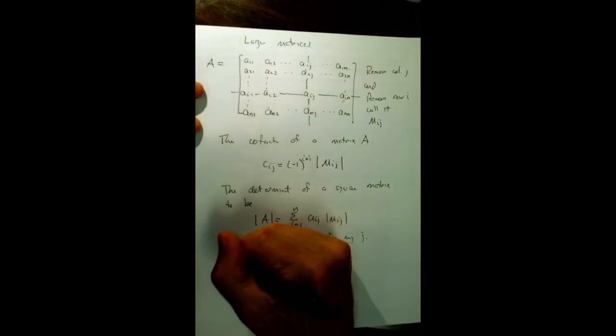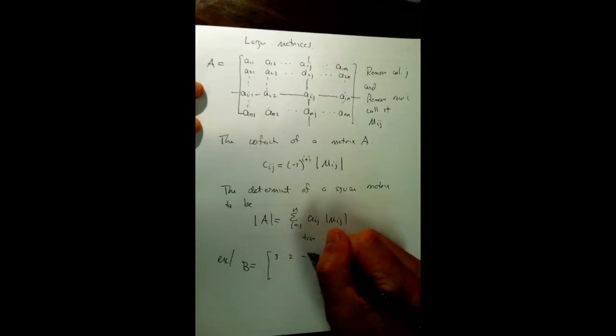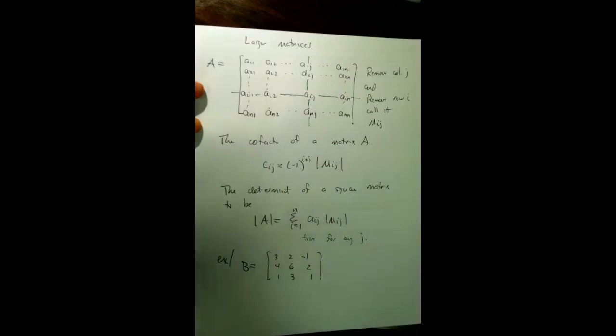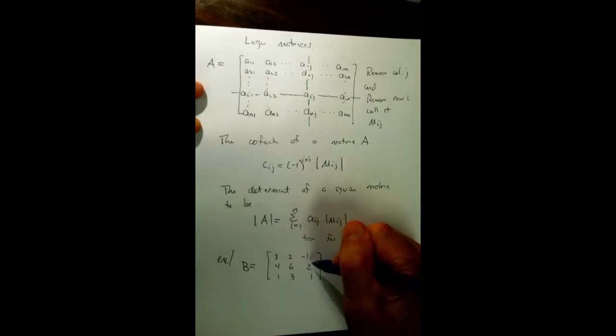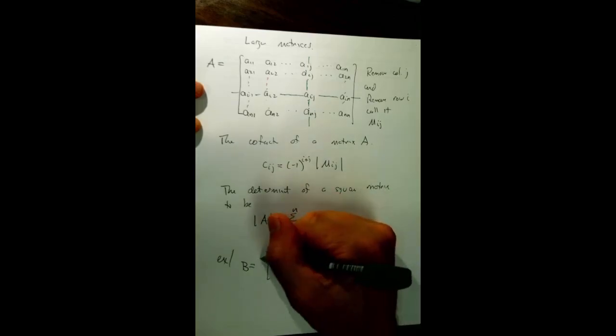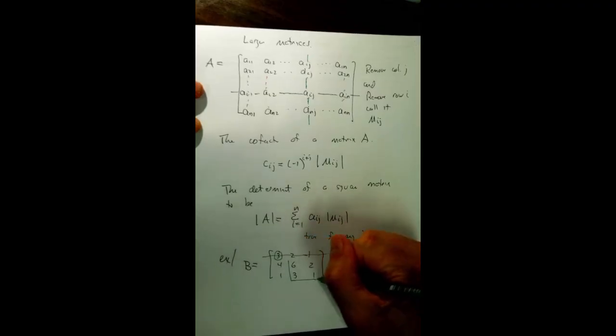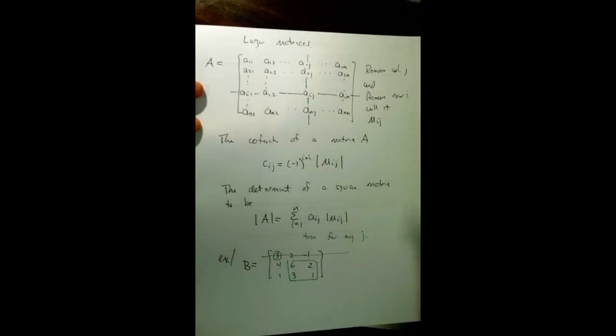So for example, suppose I have B is 3, 2, minus 1, 4, 6, 2, 1, 3, 1. And it turns out I can pick any row or any column and expand that way. There are no zeros anywhere, so there's not going to be any advantage. So I'm just going to go across here. I'm going to take out 3, and what is left afterwards is going to be that thing.